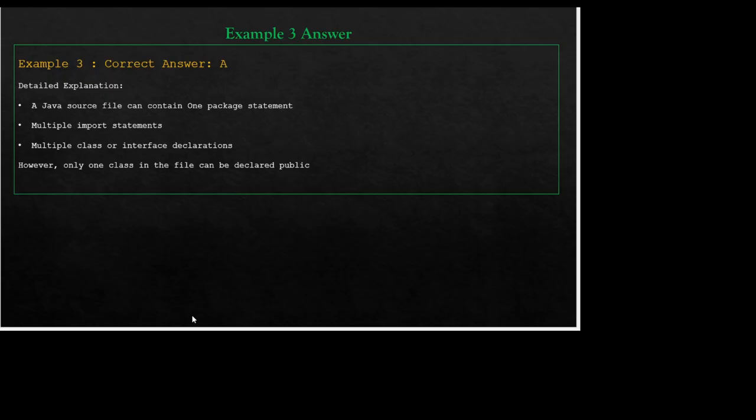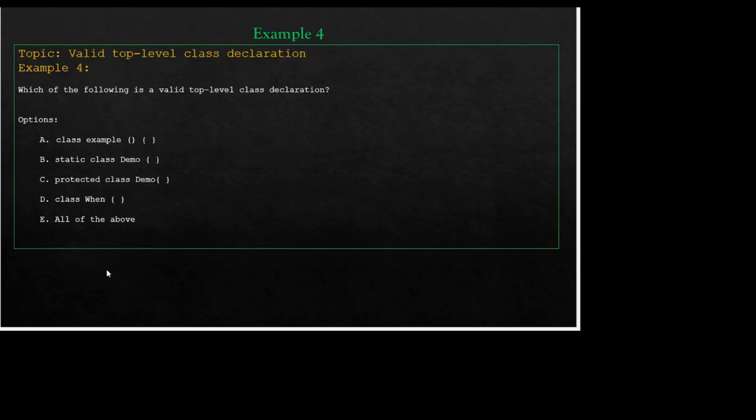Okay, we move to the next question, example 4, and here the topic is valid top level class declaration. So the question is, which of the following is a valid top level class declaration? Options: class Example(), with first bracket, second bracket. Now here the problem is it's not a class, right?